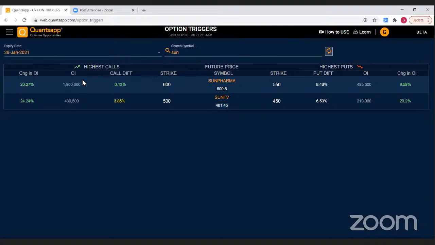So this is a place where you can analyze which stocks at the highest call and the highest put are having their momentum.